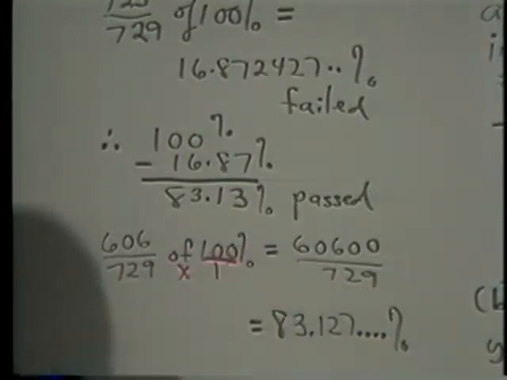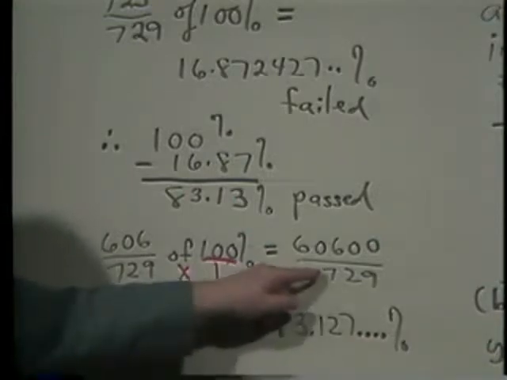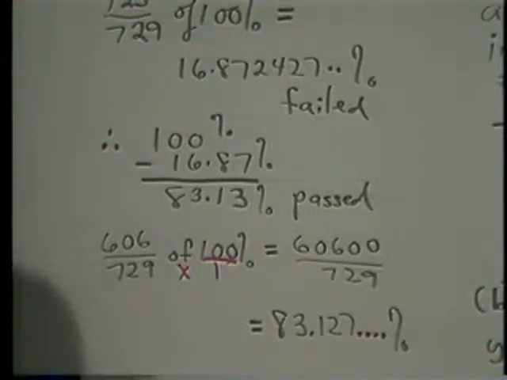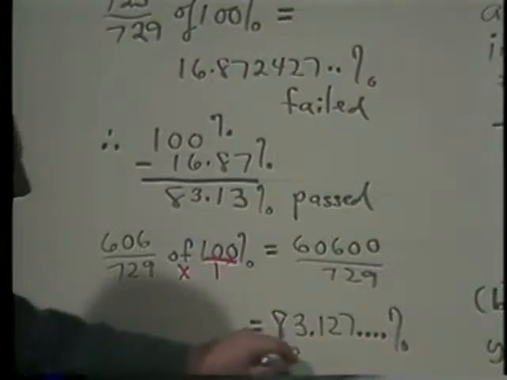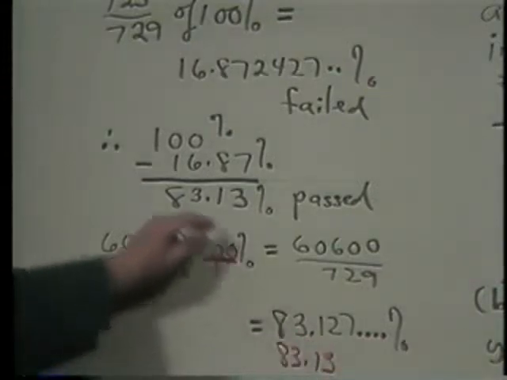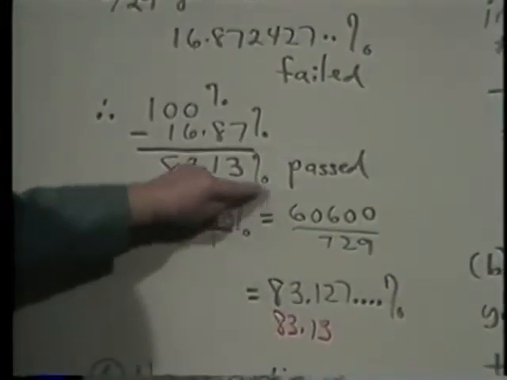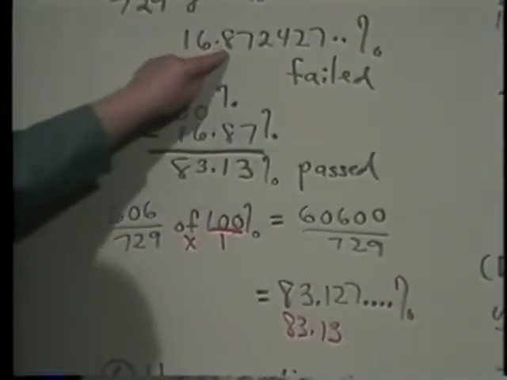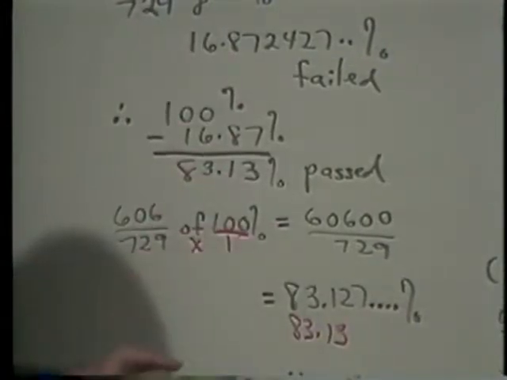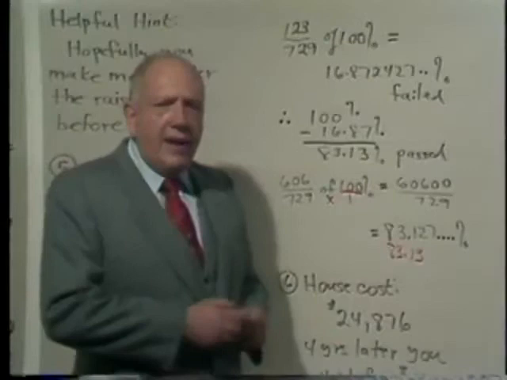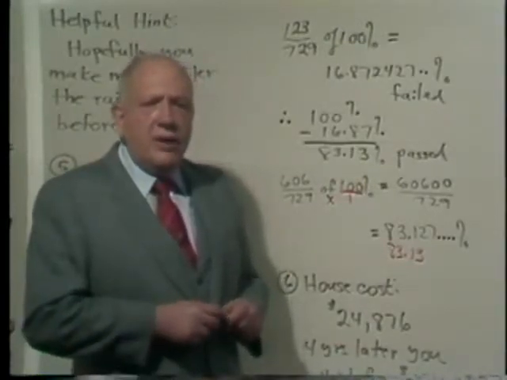Now on the calculator, you enter 60,600, press the division sign, enter 729, hit the equal sign, you get 83.127, etc. And notice that if you round that off, it's 83.13, which is the same answer we got this way. In fact, if you take this number and add that on to this number, even without rounding off, you see that should add up to 100%. But again, what I'm trying to have you see is the reading comprehension.